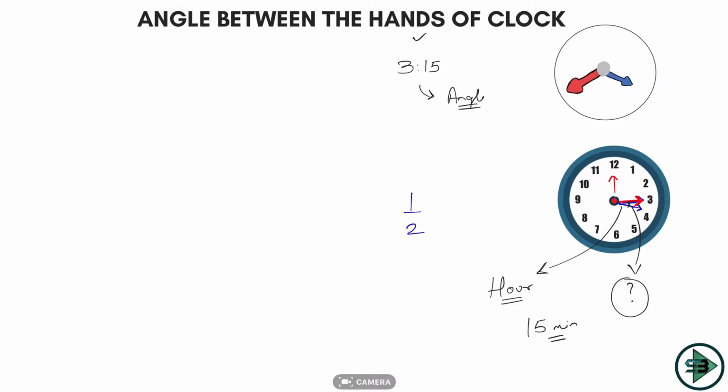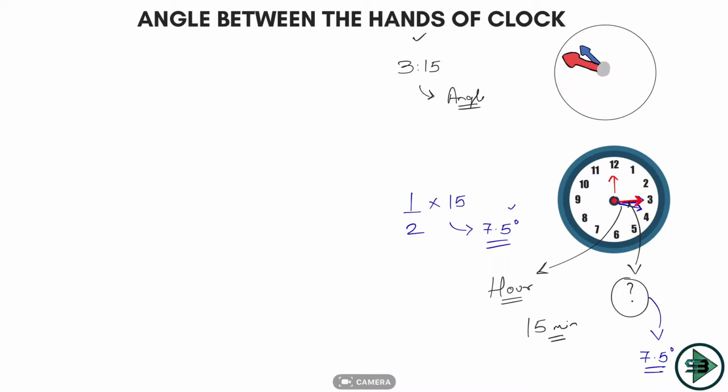It goes half a degree in 1 minute. So in 15 minutes, how much will it go? 15 into half, it will go 7.5 degrees. Which means this small angle, which this question mark I am talking about, is nothing but 7.5 degrees, because this is nothing but the angle made by the hour hand in 15 minutes, and that's your answer.